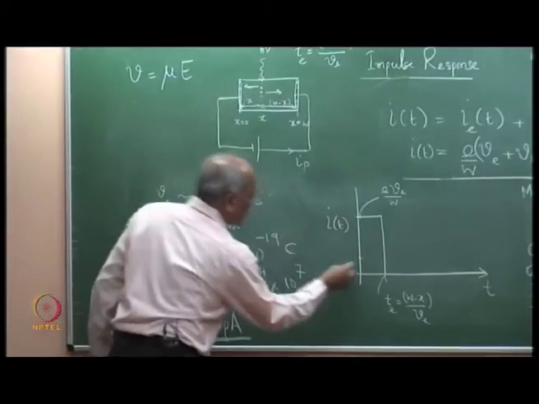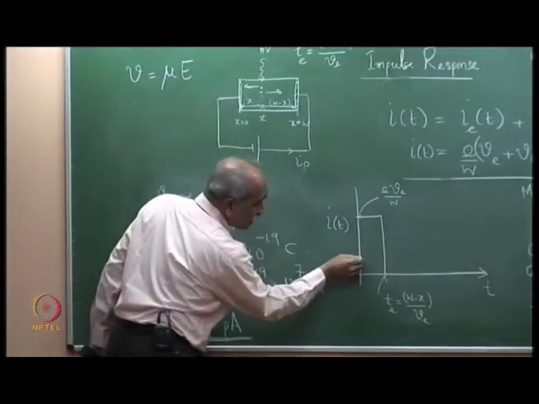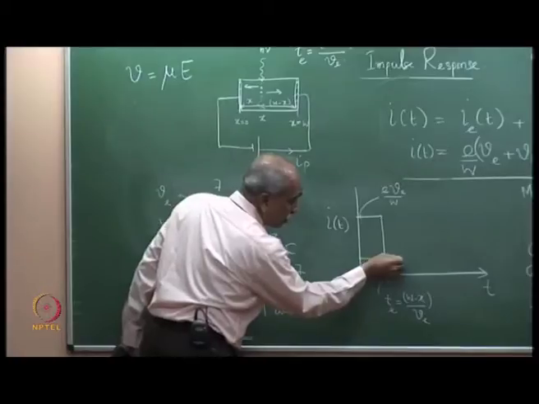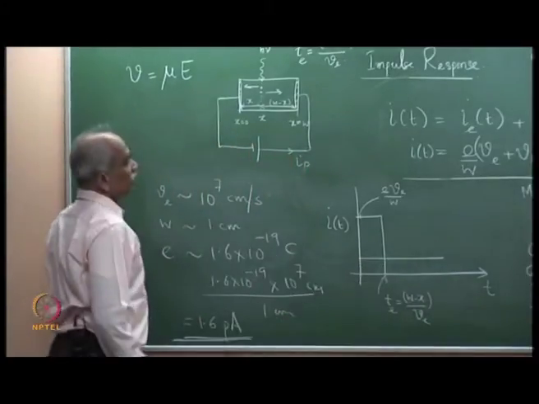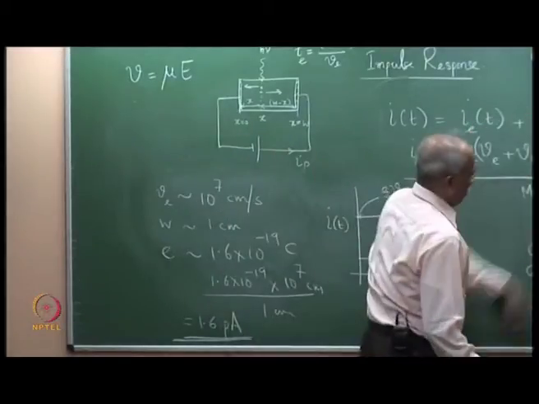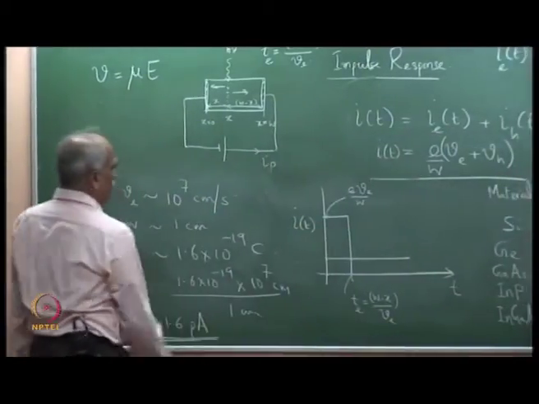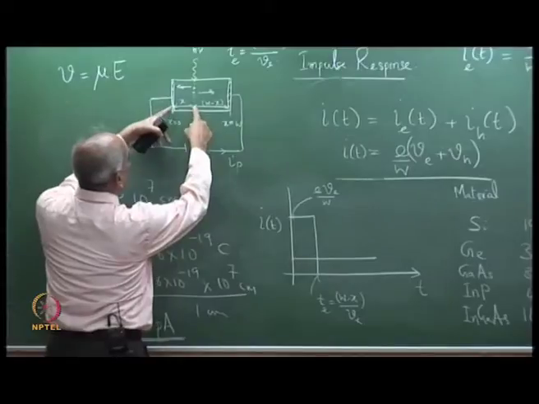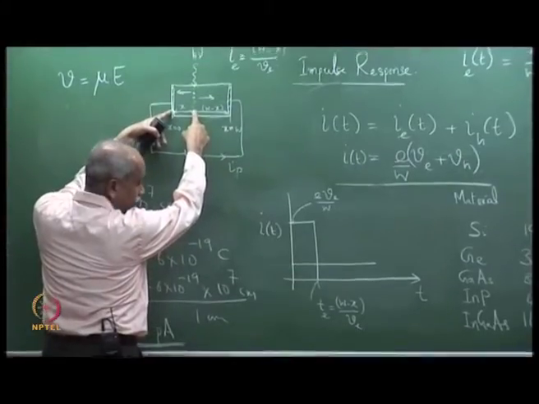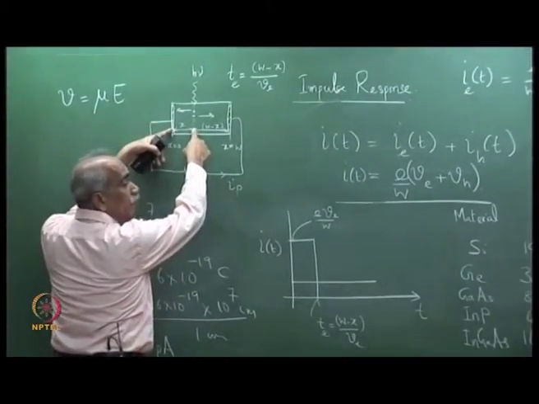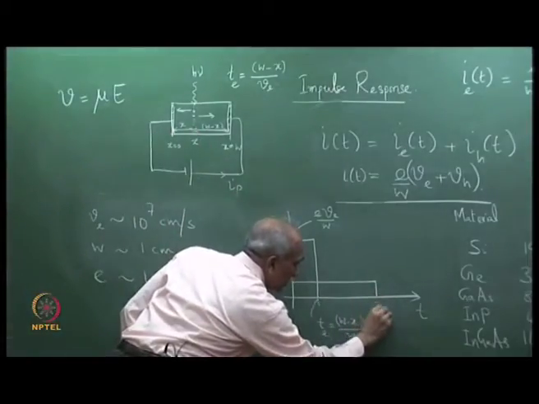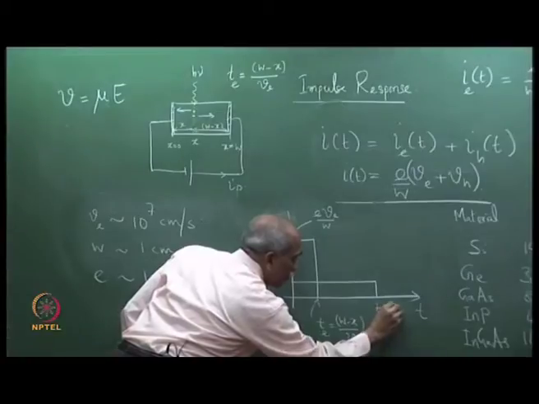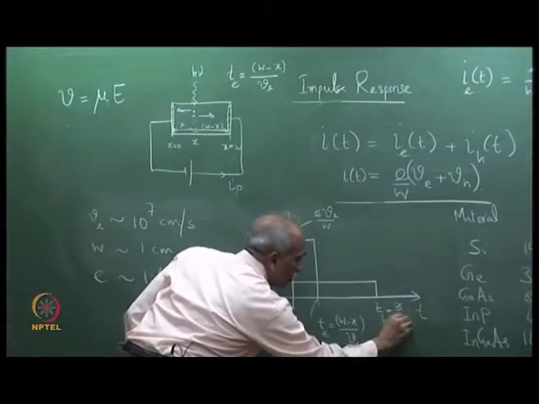Now, let us plot the hole current. So, it starts at a lower value, but it goes further. Why? Because T_h is equal to x, the distance x divided by V_h. V_h is much smaller compared to V_e, therefore T_h is equal to x divided by V_h.